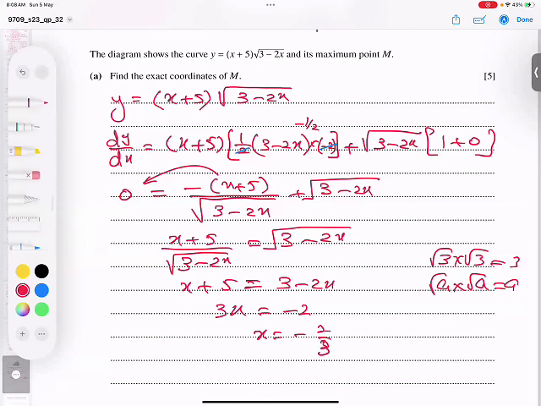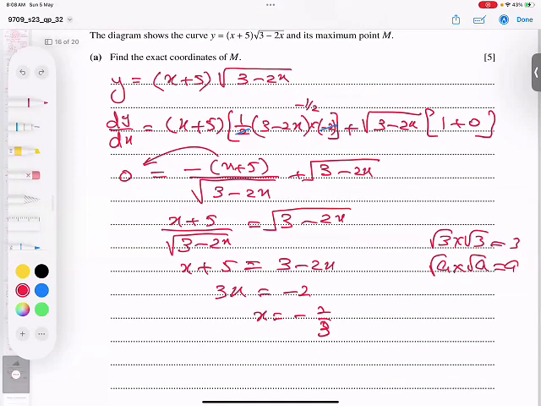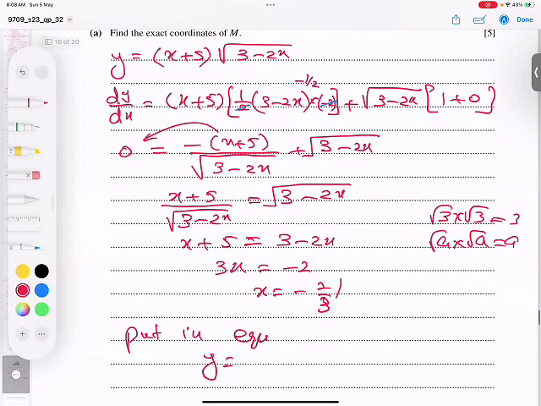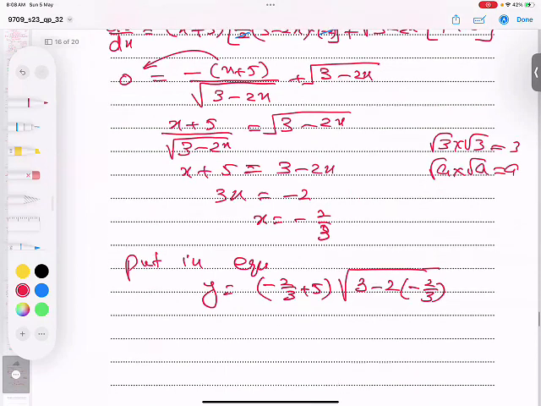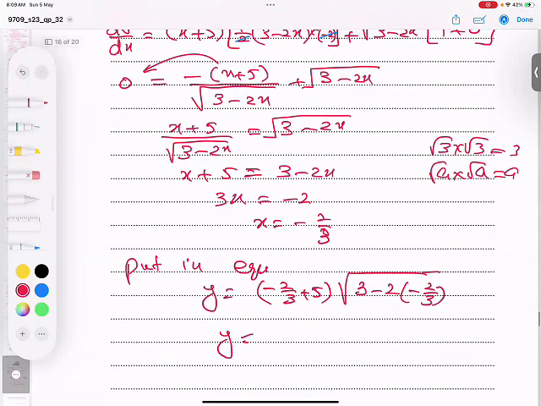But the question is not over, I will plug it back into the equation here. So put into the equation. When I plug in this value here and here, I get -2 by 3 plus 5. Okay, students, just a matter of typing in the calculator. And he asked us for the exact number.